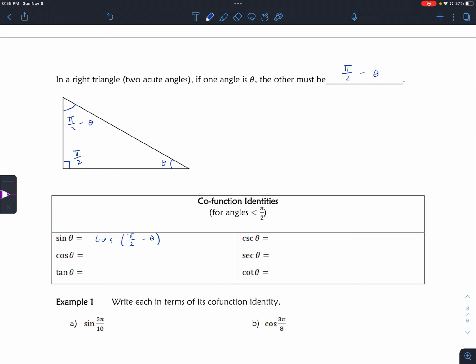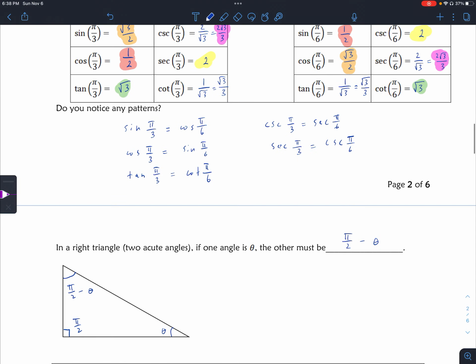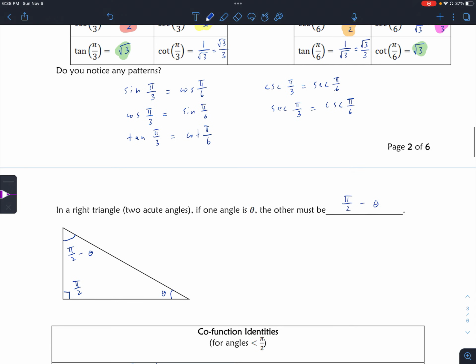Okay, so that's kind of interesting. And we saw that up top, right? We saw sine of pi over 3 is equal to cosine of pi over 6. So to get pi over 6, what do we do? We do pi over 2 minus pi over 3.